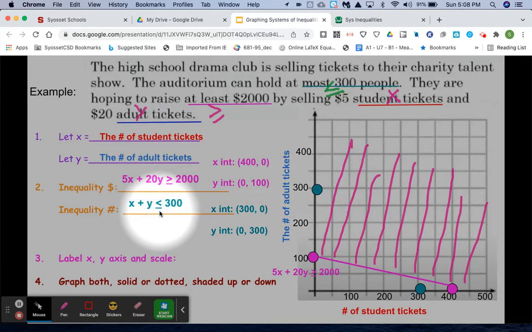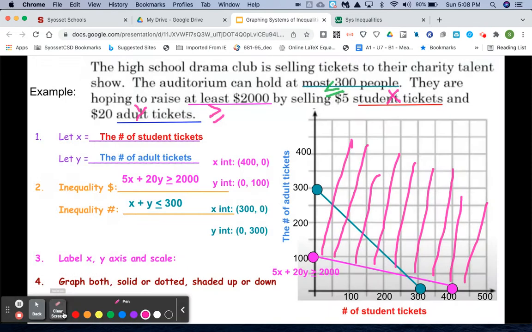Again, I graph with a solid line because it's inclusive. There it is. And then, of course, I'm going to need to shade that because it's less than or equal to. I'm going to shade below the boundary line.